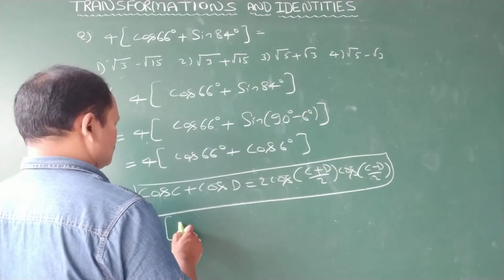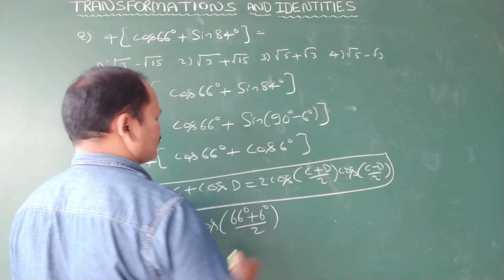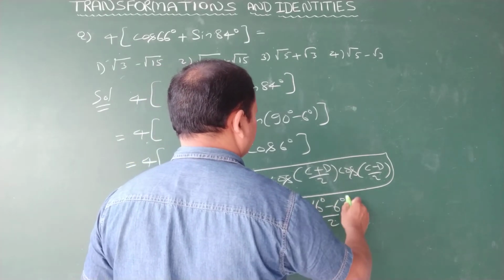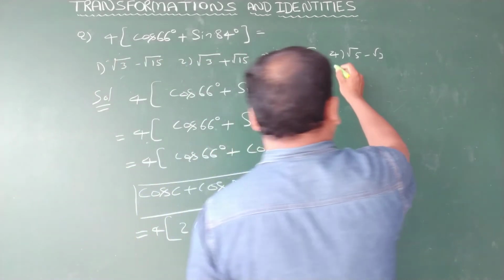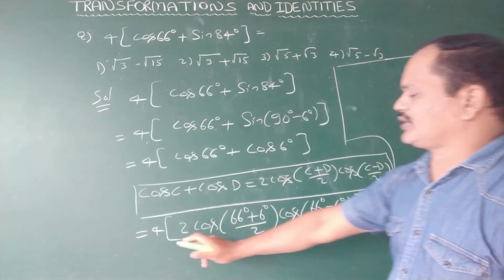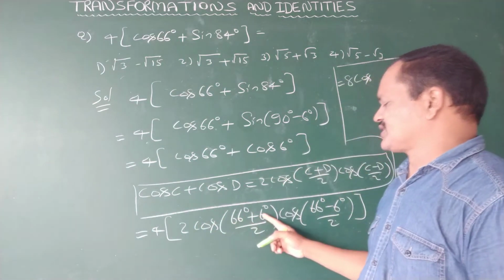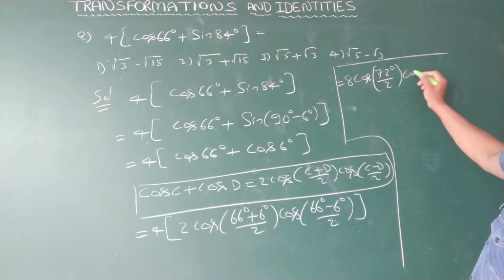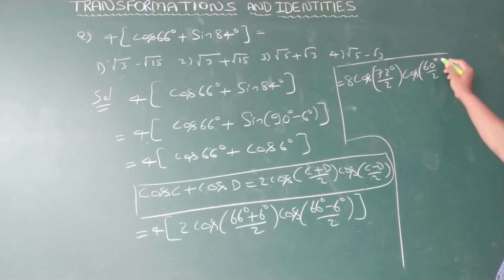That's why it is 2 cos (66 plus 6)/2 into cos (66 minus 6)/2. Here we write 2 into 4, 8, cos (66 plus 6) is 72, so 72 by 2, into cos (66 minus 6) is 60 by 2.